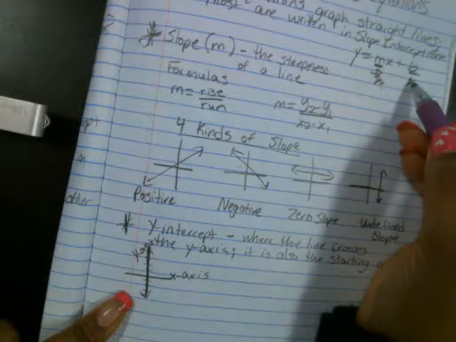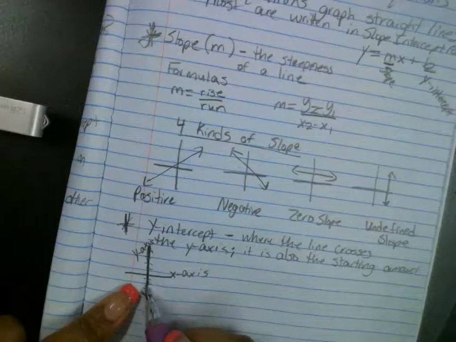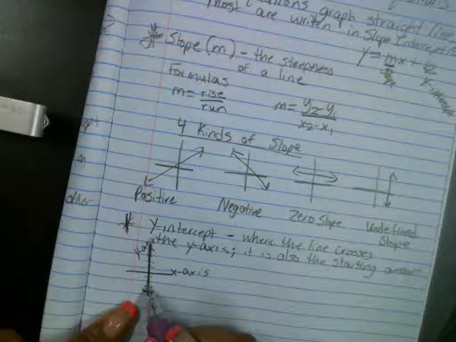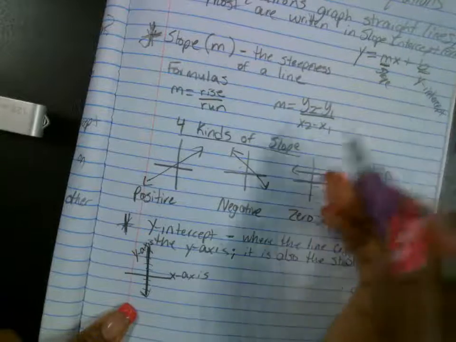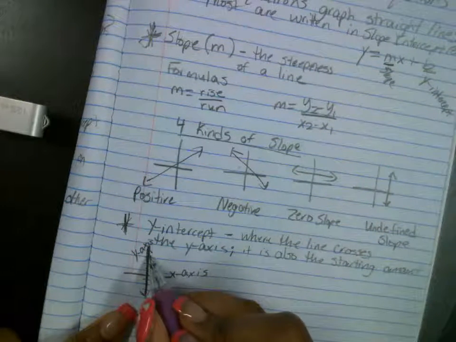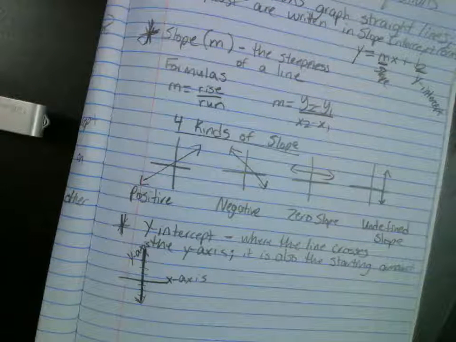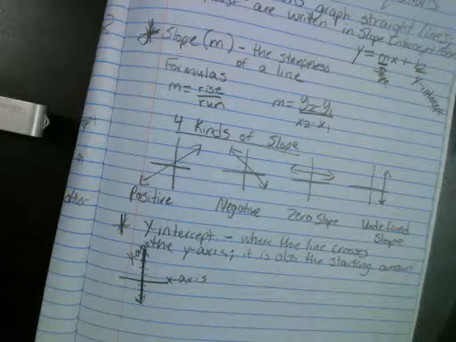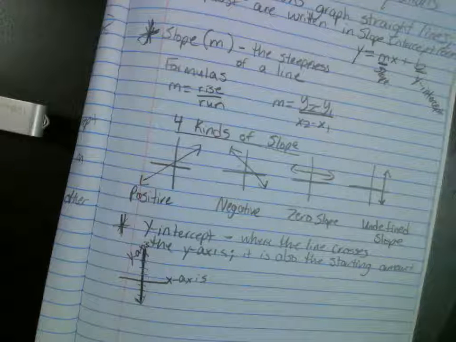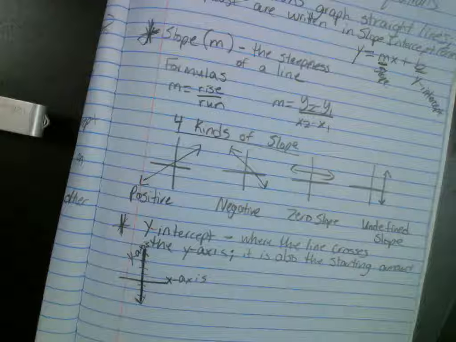If your B is a negative 2, that means it crosses right here at negative 2. If this B is 4, that means it crosses at positive 4 here. Okay, so on and so forth. So B is where the line crosses the y-axis. It is also considered to be the starting amount.